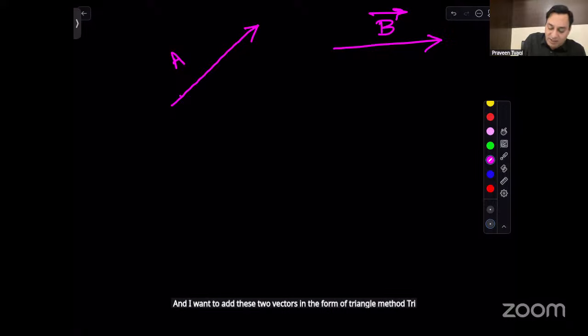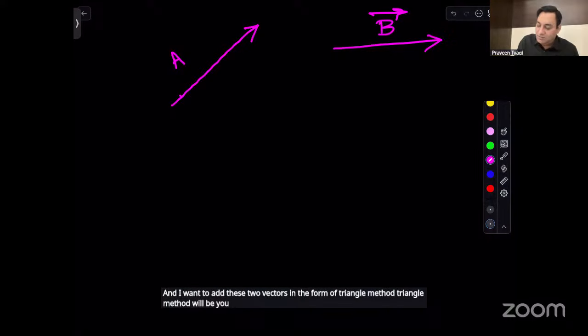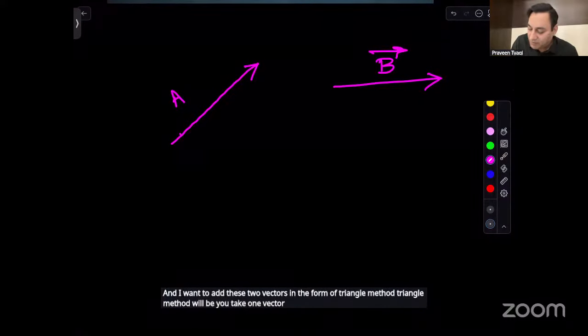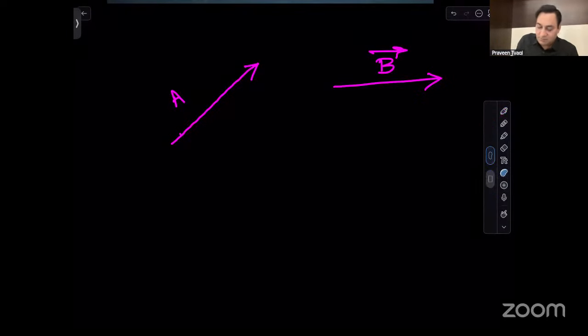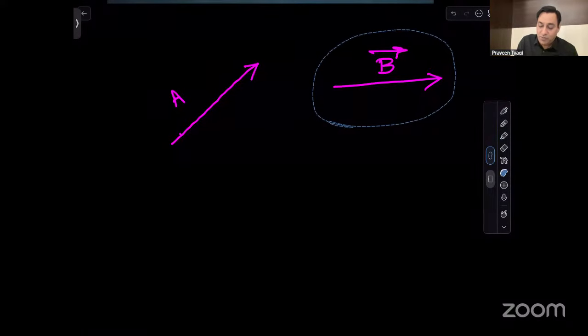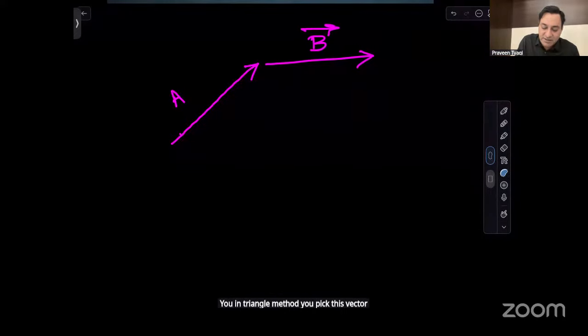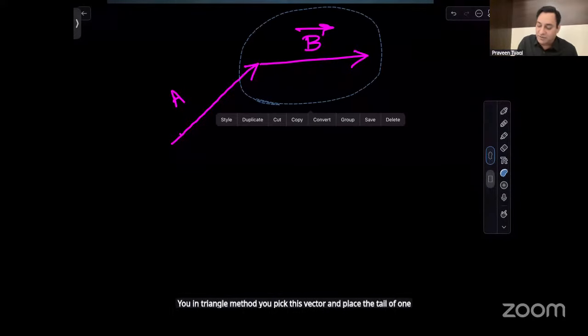In the triangle method, you pick one vector, and place the tail of one vector on the head of another vector.